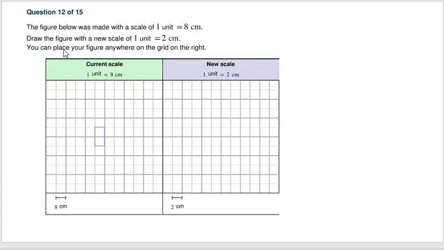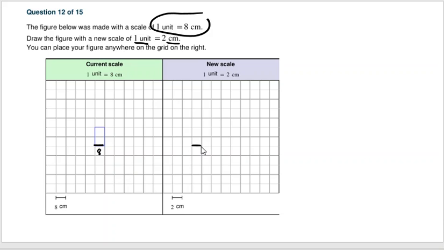Okay, so let's try another one of these. The figure below is made with a scale of 1 unit equals 8 centimeters. Draw the figure with a new scale of 1 unit equals 2 centimeters. Okay, so if 1 unit equals 8 centimeters, and we need to draw the figure with a new scale of 1 unit equals 2 centimeters, well, we still need the base of our rectangle to be 8.